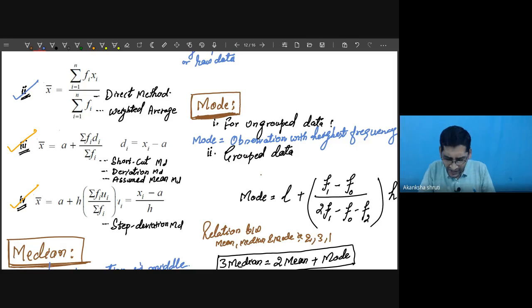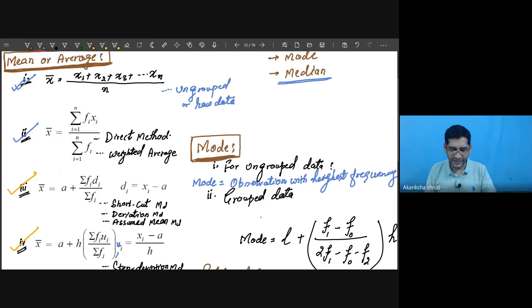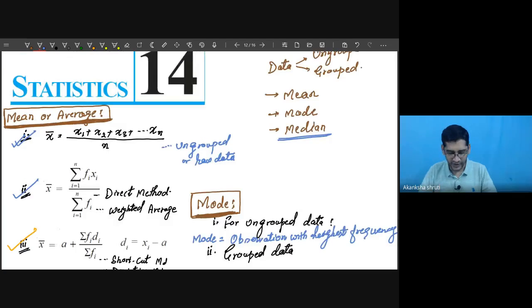So this ui has to be multiplied with the respective frequency to get summation of ui fi. Then the mean is calculated by assumed mean plus summation of ui fi divided by summation of fi, and this factor has to be multiplied by h. These are the methods of calculating mean that we have already learned in our previous two lectures.